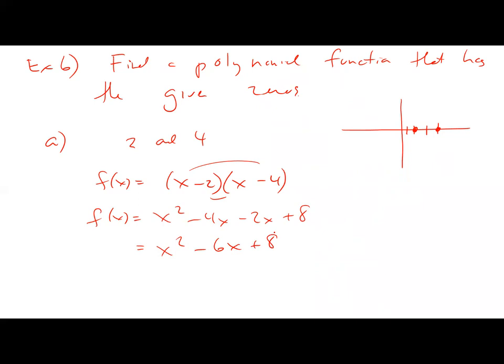I think in the back of the book they make you multiply it out, but let me check just to make sure for this one. Yeah, in the back of the book they have you multiply them out, but there's a whole bunch of different answers. So let's take a look at them.